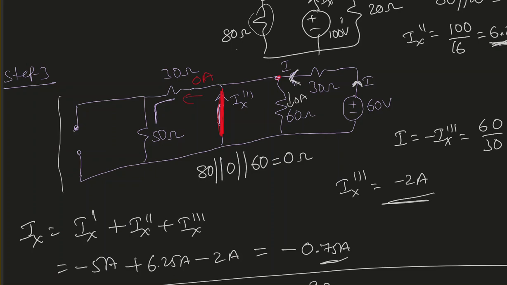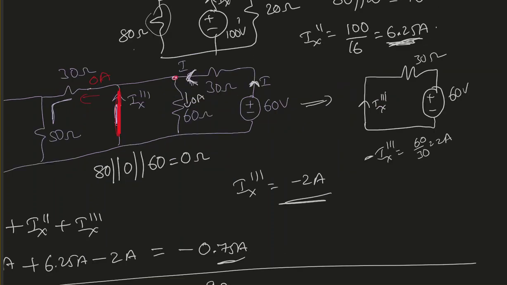Another way of saying it is that 80 ohm, 0 ohm and 60 ohm are in parallel, so the resultant resistance is 0. If I simplify the circuit, I end up with only the 30 ohm resistor, because none of the current is passing through the 60 and 80 as they are parallel with the short circuit. So Ix triple prime equals negative 2 ampere.